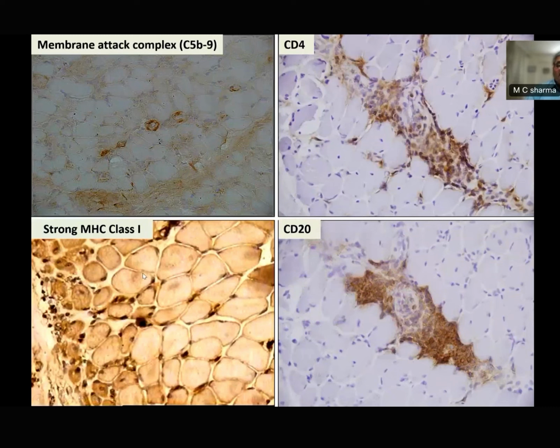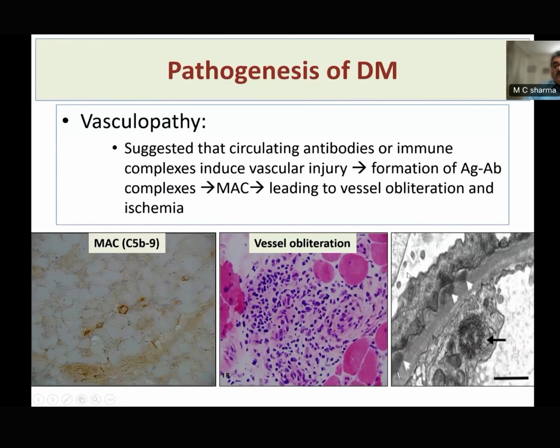MHC is strongly upregulated, but the inflammation in polymyositis was CD3 positive and CD8 positive, whereas here it is T helper cells and B cells. That is the difference between the two. This is the membrane attack complex, which is deposited on these smaller vessels. And as I mentioned, sometimes EM is helpful.